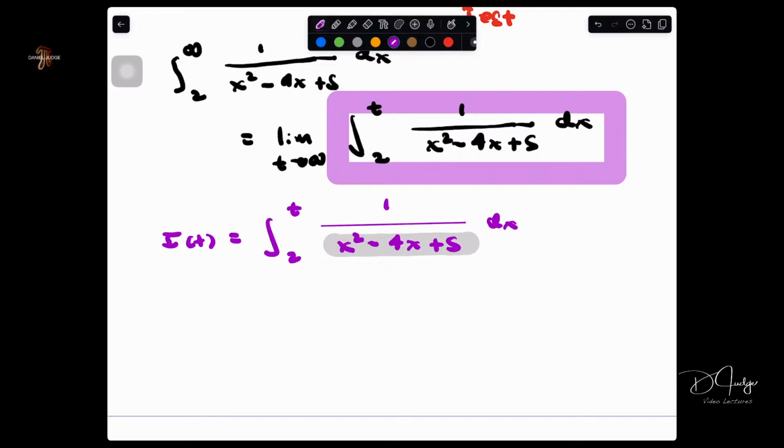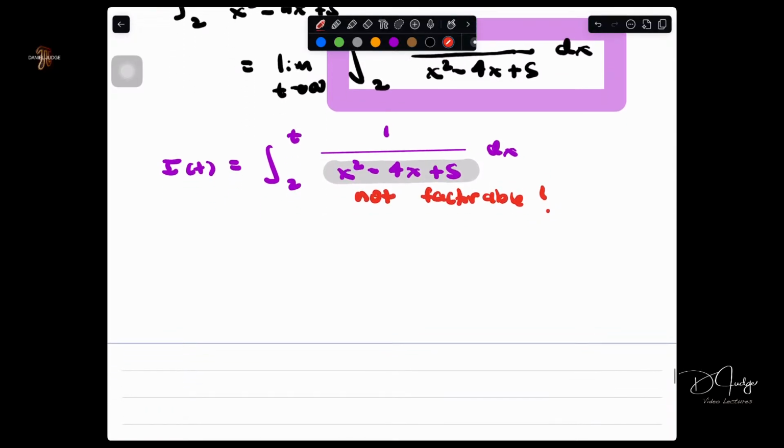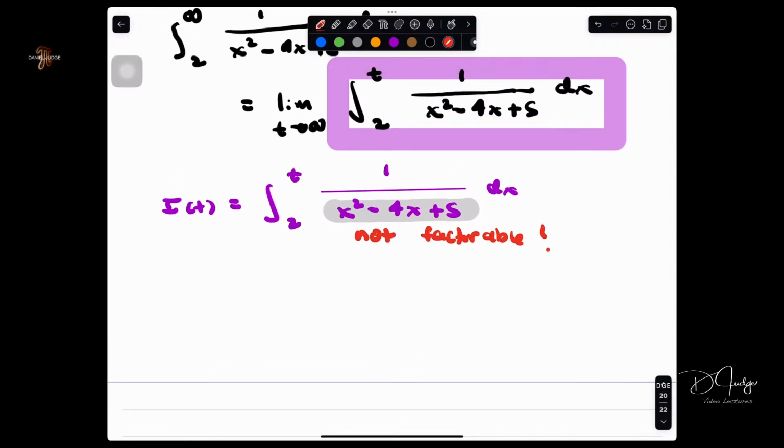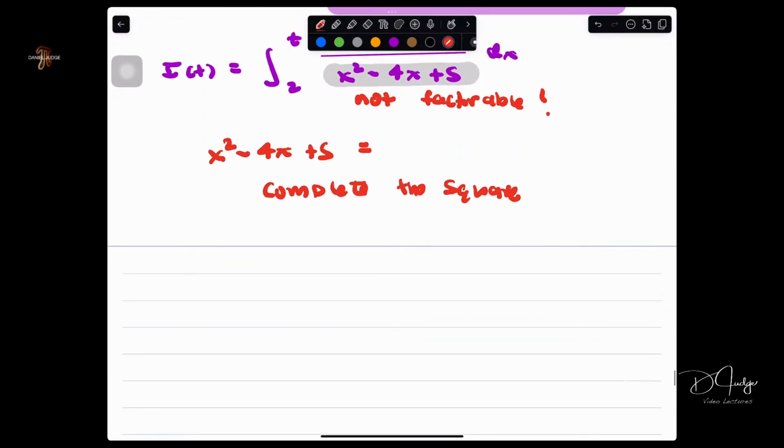So this is not factorable, so we cannot use partial fraction decomposition. What we'll have to do is take x squared minus 4x plus 5 and complete the square for that denominator.